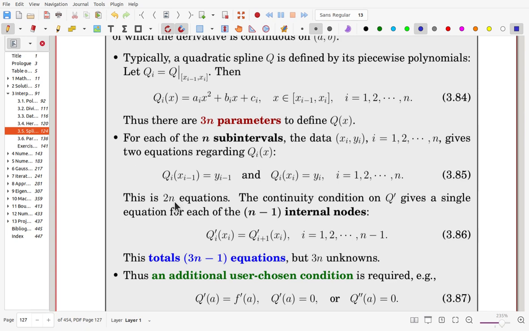And now, for a quadratic spline, its derivative must be continuous.